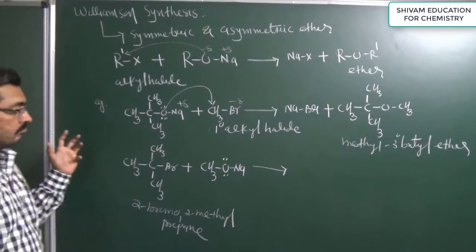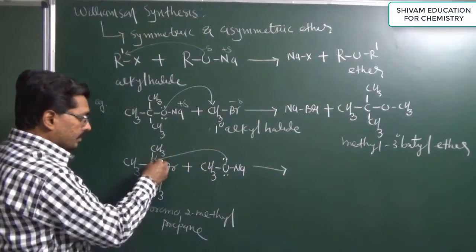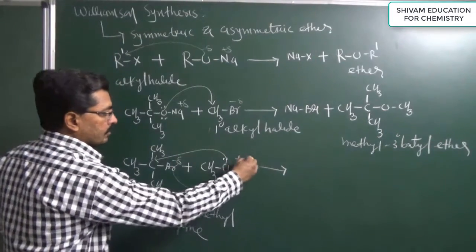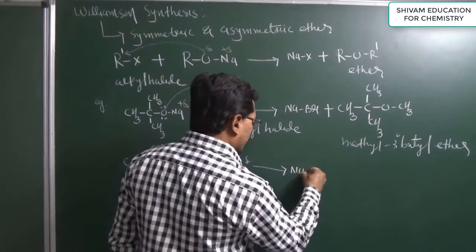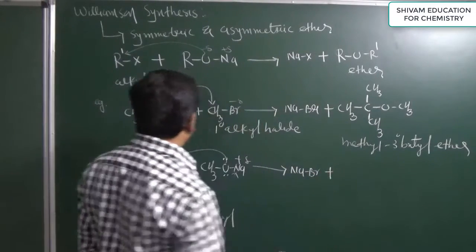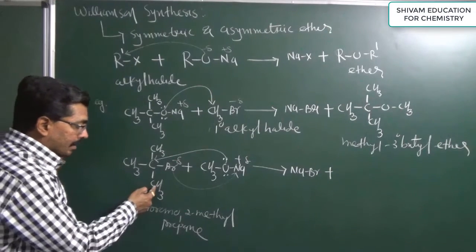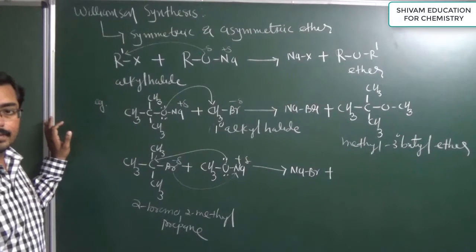So now, this oxygen will attack this carbon. Bromine has a negative charge and sodium has a partial positive charge, so it is removed in the form of NaBr. But at the same time, a tertiary carbocation is obtained.